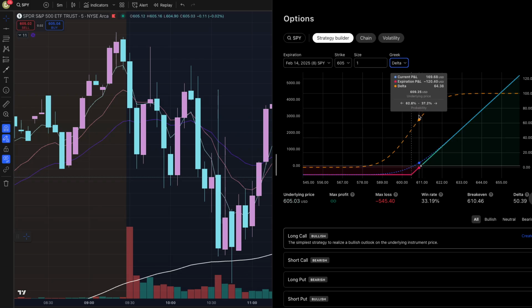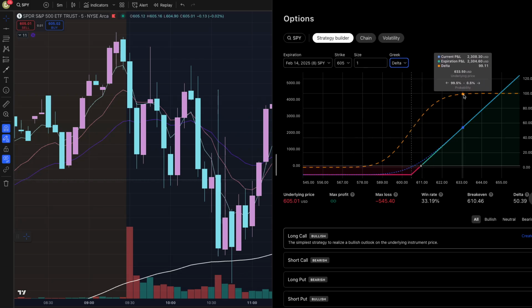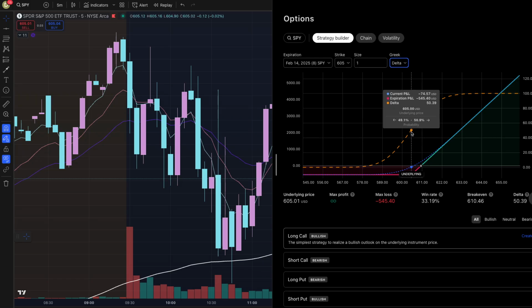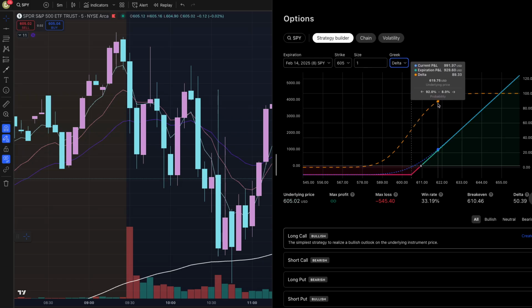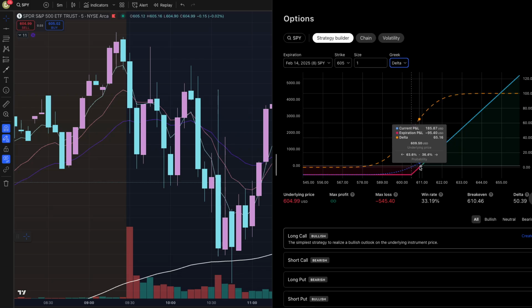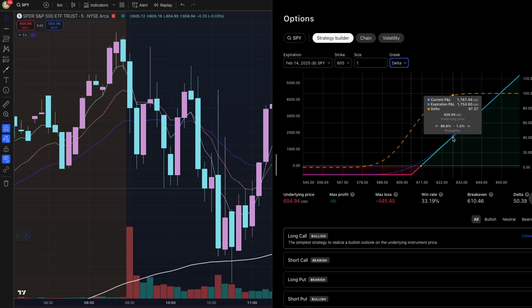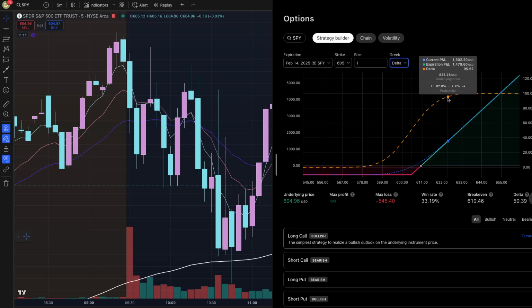And then the delta is going to be changing as well, because the farther we get towards a delta of 1, it will stop moving. The more in the money you get, the closer to 1 you'll move, 1 for 1.